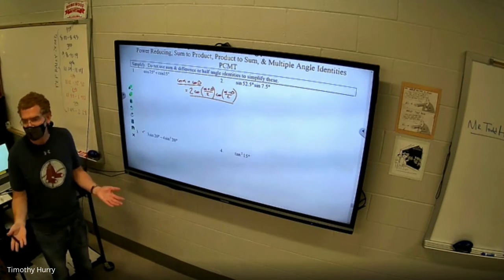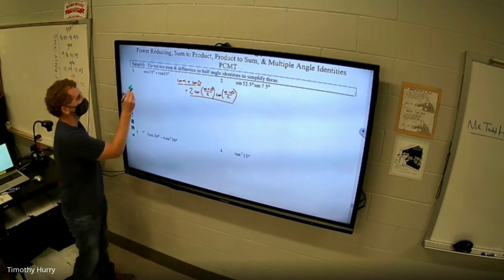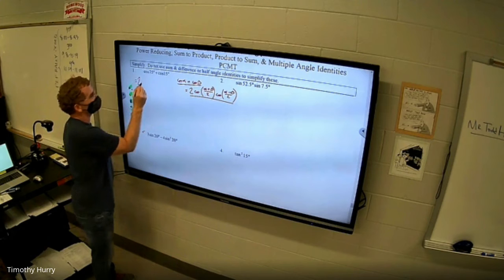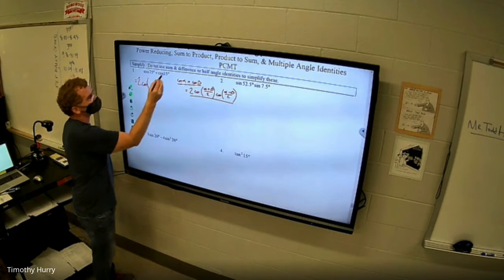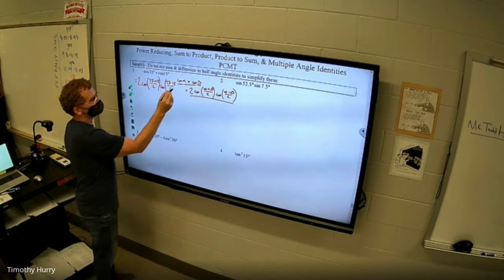So all I have to do is go, well, if my alpha and beta are 75 and 15, I can rewrite this as 2 times the cosine of, add them together and divide by 2, times the cosine of, subtract them from each other and divide by 2.